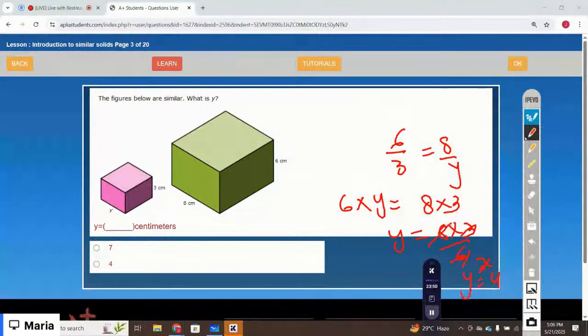So that is Y equals 4. The correct option is option number 2, that is 10.